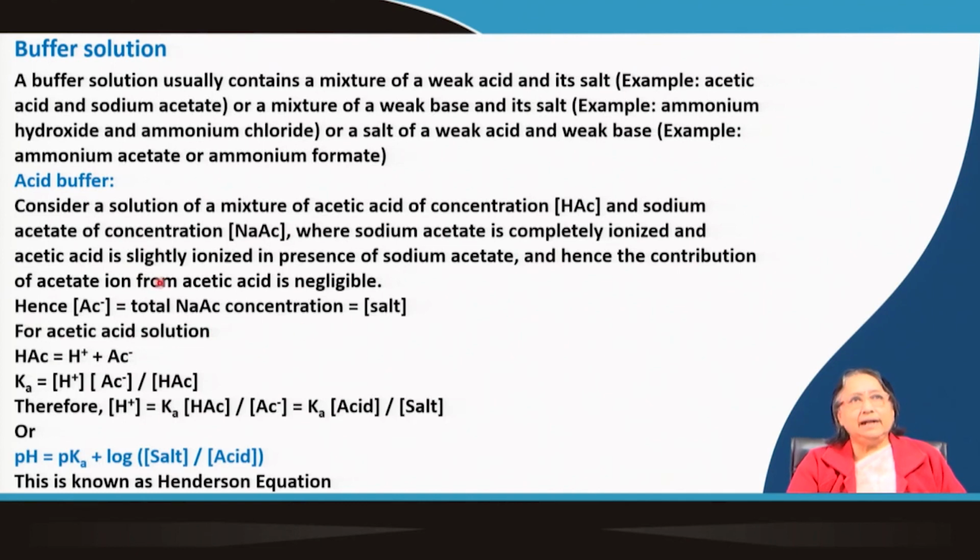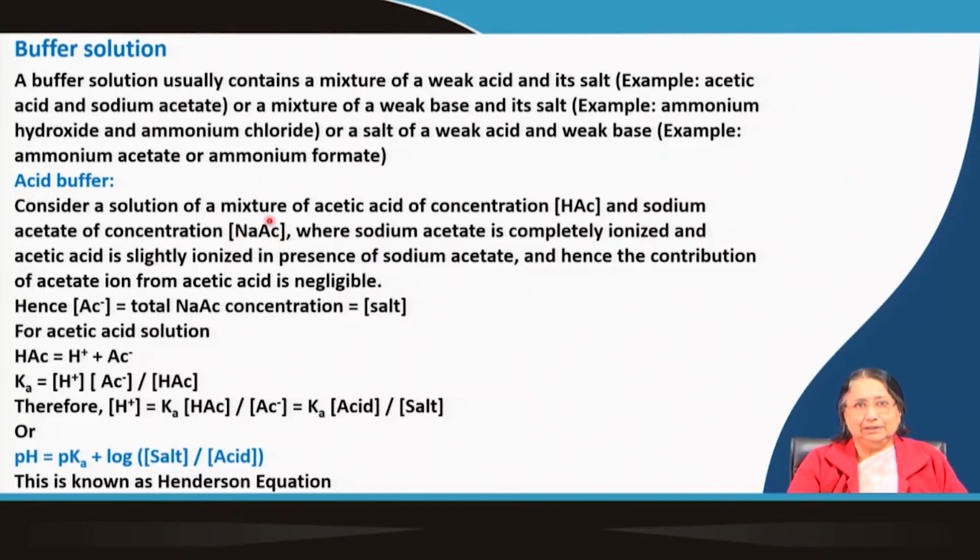Now, if I consider the acid buffer, consider a solution of a mixture of acetic acid of a certain concentration. This way we write the concentration, within the square bracket. So, this is the concentration of acetic acid and this is the concentration of sodium acetate.